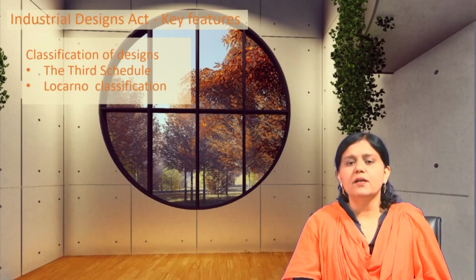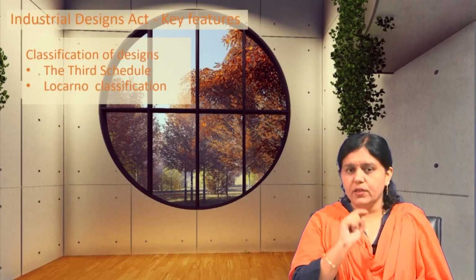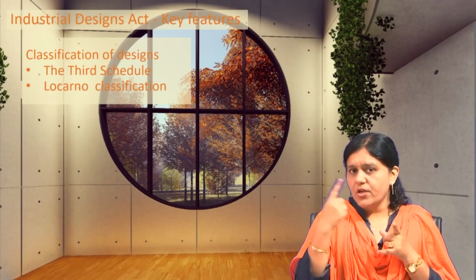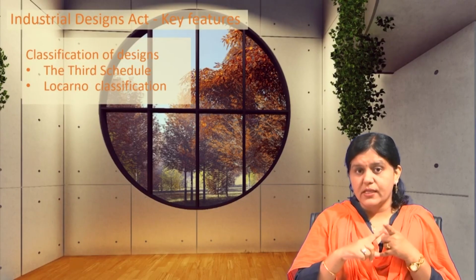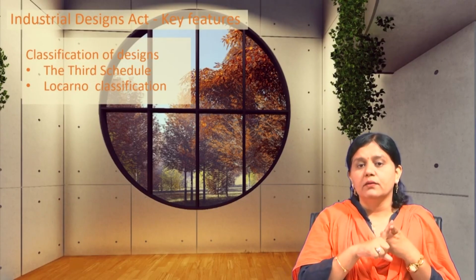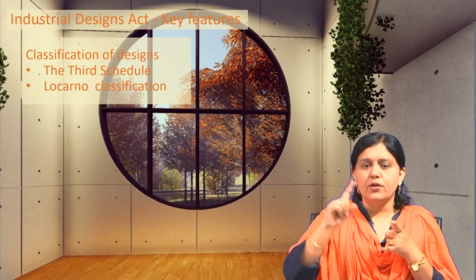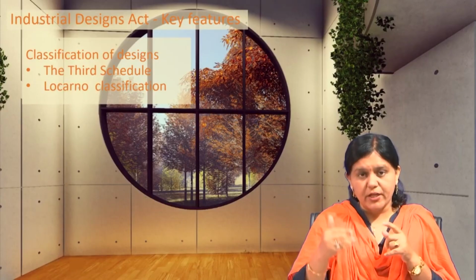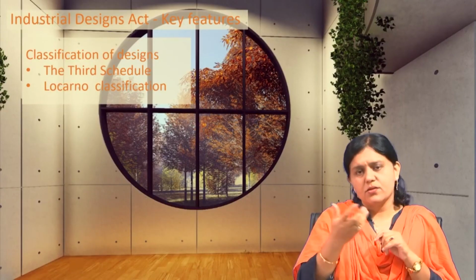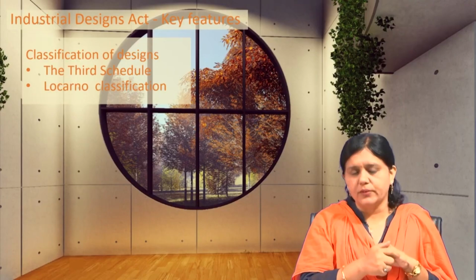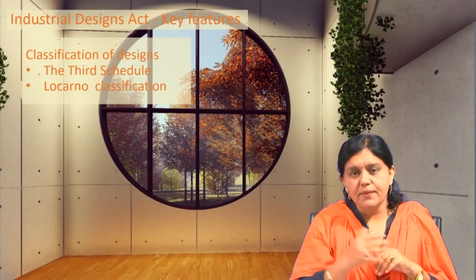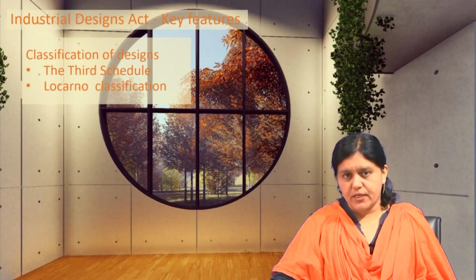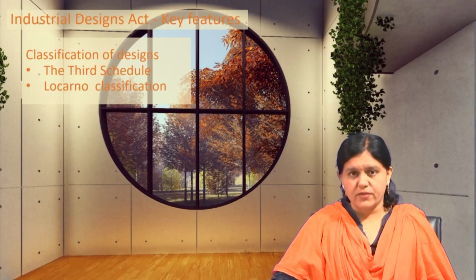As we do in a trademark, we limit it to the class, which means for every class you have to do a separate application. You cannot say okay, this is the good and I am applying in 1, 2, 3, 4, 5 classes. It will never happen. You have to give a separate application for each class. Similarly in industrial design, you give a separate application for each class. So, this is about classification.